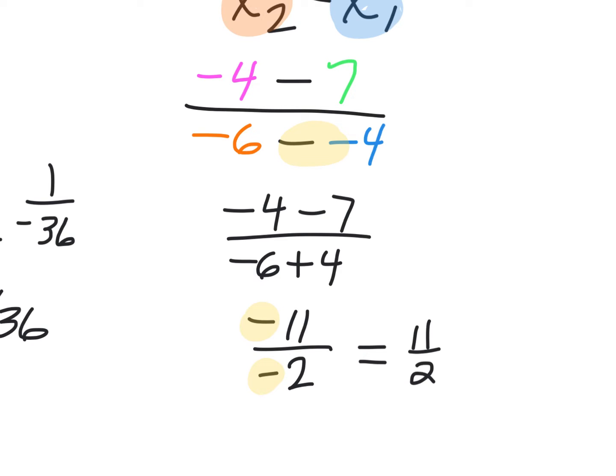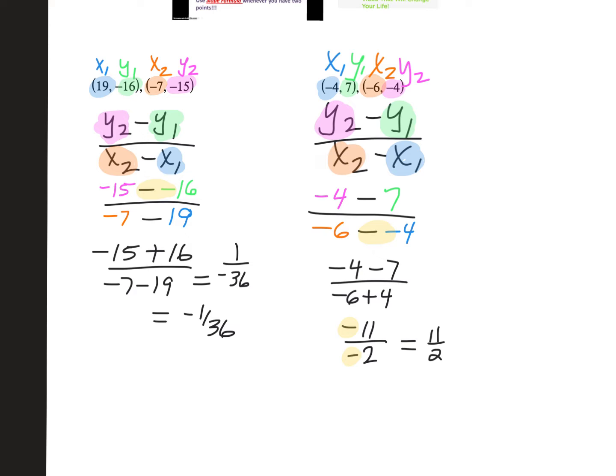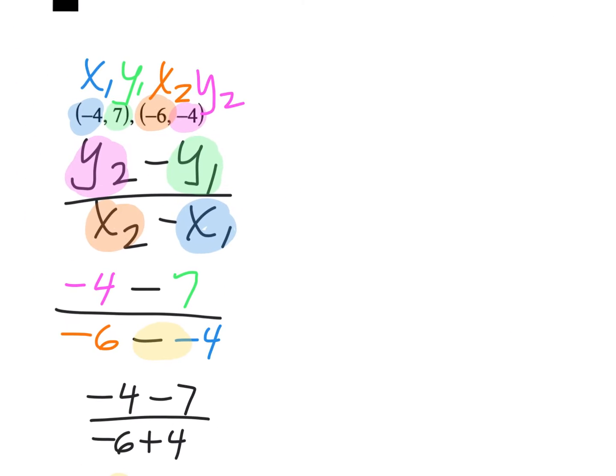One thing that I should note is that it just so happened that in these two examples, I didn't have to simplify, but it is going to be necessary a lot of the time. I just wanted to show you the whole point of the formula to start. Another suggestion is that sometimes people will get in the habit of taking the two coordinates and rewriting them and then doing the change in y and the change in x kind of like you're used to doing on a table.